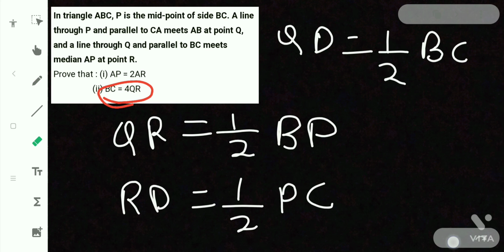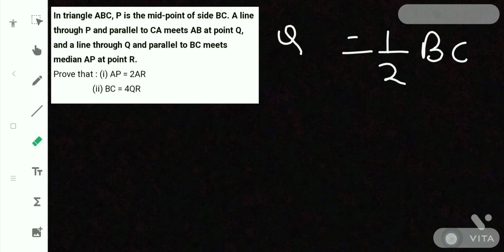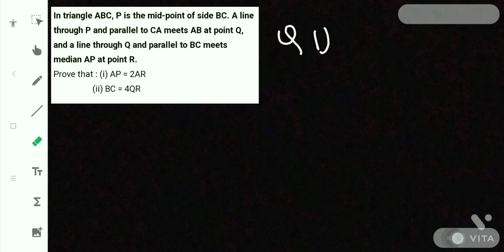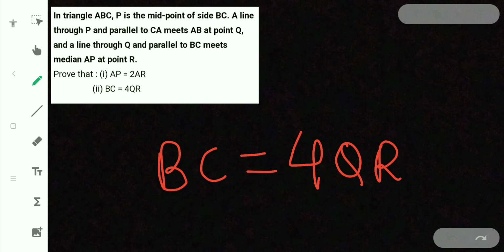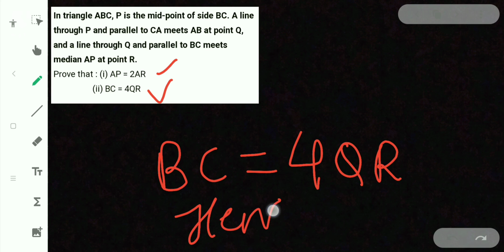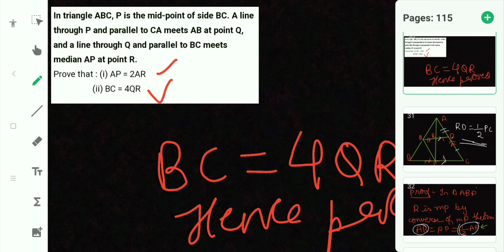So BC is equal to 4QR. We have proved both, so you can write hence proved. So we have proved everything.